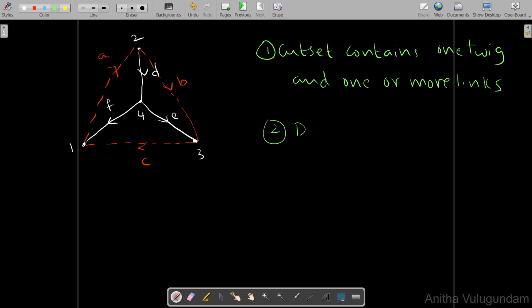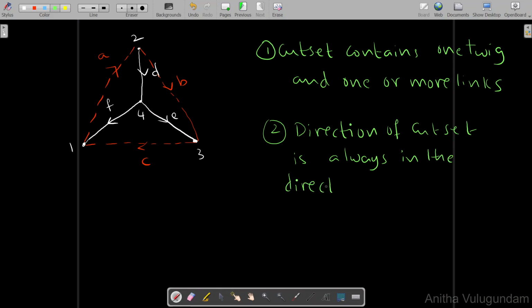And the direction of the cut set is always in the direction of twig current. Okay, so for this given graph, let us start with node 1.